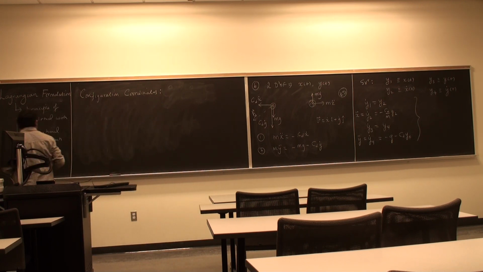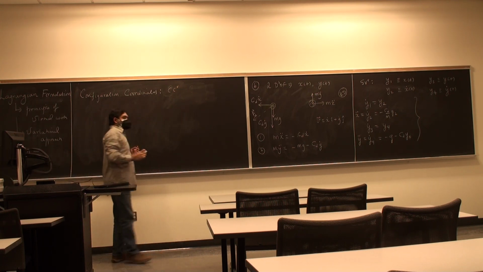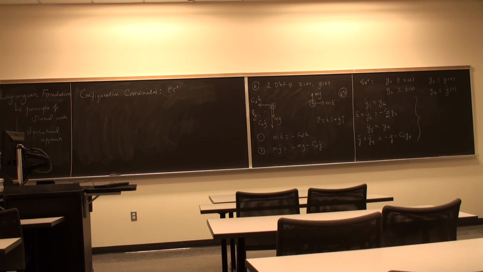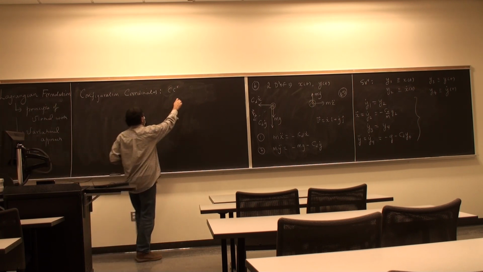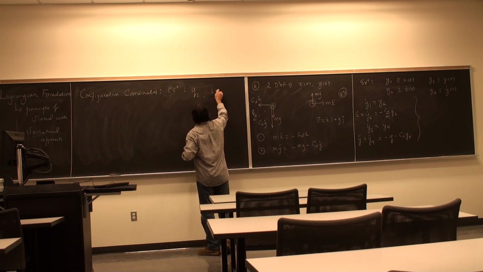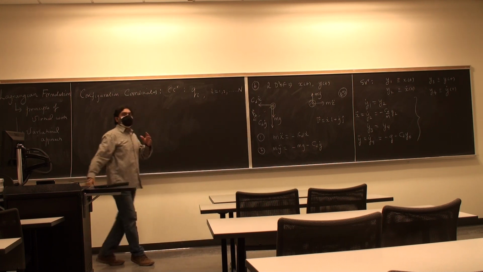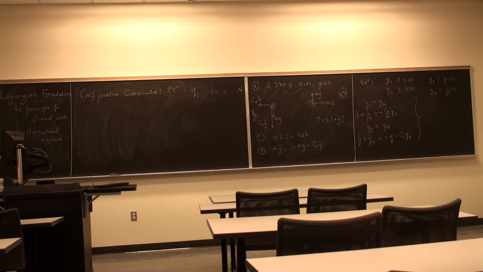We're just going to do some jargon. Configuration coordinates, CCs. From now on, I'm going to be giving them a separate lettering. I'm going to call them q suffix i, where i is 1, 2, up to capital N, where the q_i are the individual configuration coordinates.